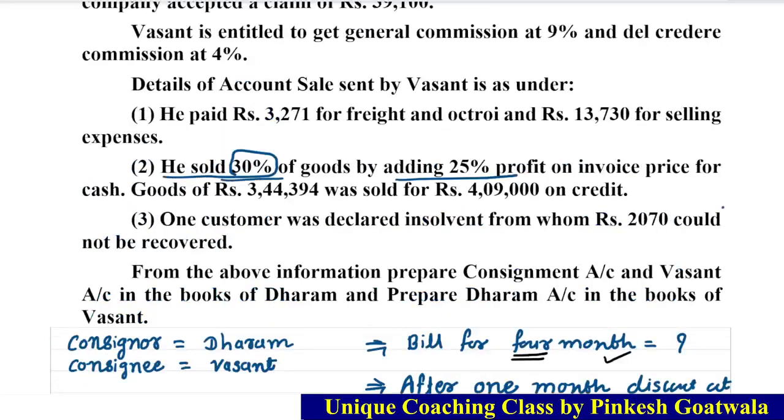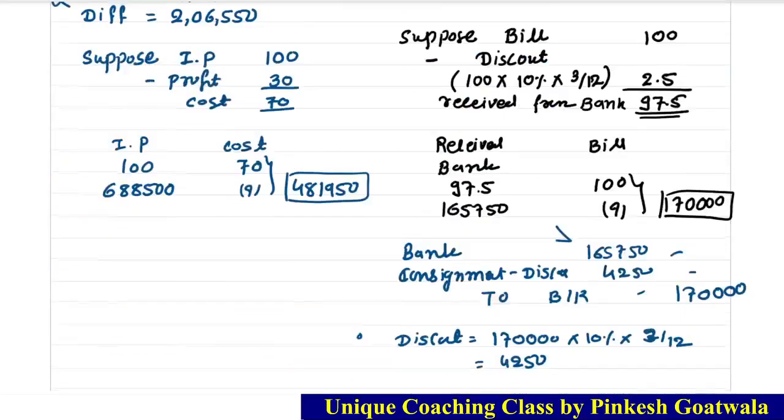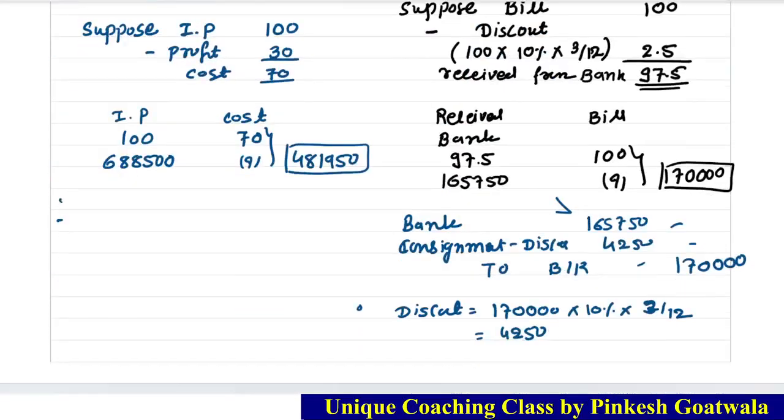So here 30% of goods, તો જે invoice price છે એના 30% એ sold કર્યા હશે. So what is the invoice price of goods? Total જે goods છે 68850. Okay, so એને આપણે કેટલા લઈશું 30%. But remember we can't take 30% of this because think practically, consignee receive this amount goods?